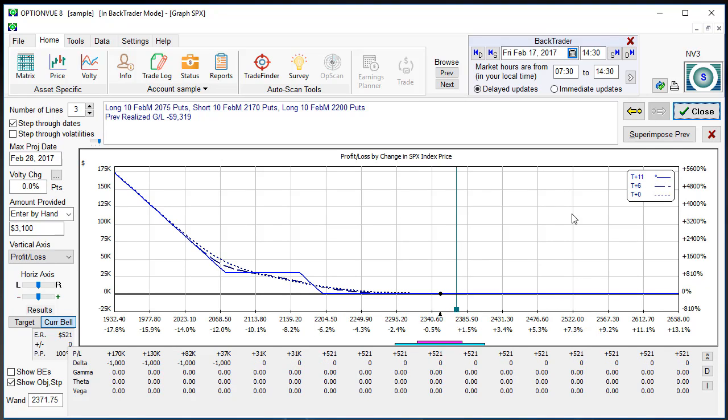You have to accept the fact, though, you went from being up $1,900 at one point to only realizing and capturing $500. And if you accept that because you want to be in this kind of a situation, just understand that there are psychological implications with that kind of trading.